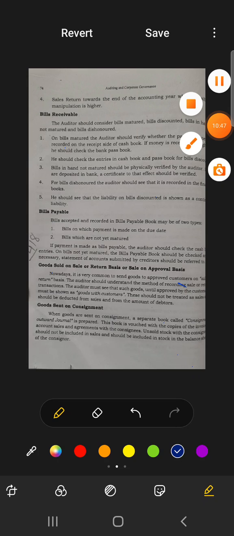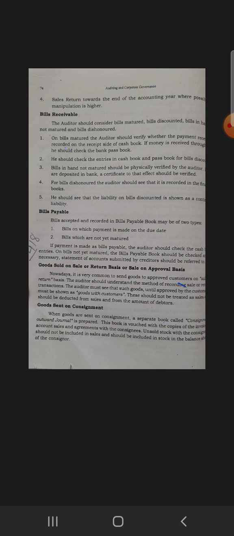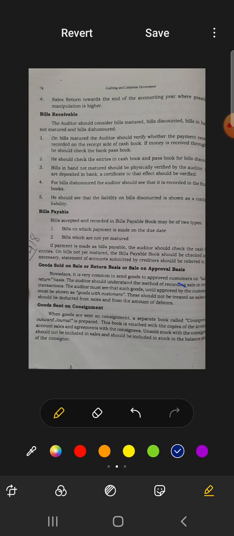In the case of purchase, when the payment is made through bills, the auditor should check the cash book entries. For all bills not matured, the bills payable book should be checked and the necessary statement of account submitted by the creditor should be referred to.